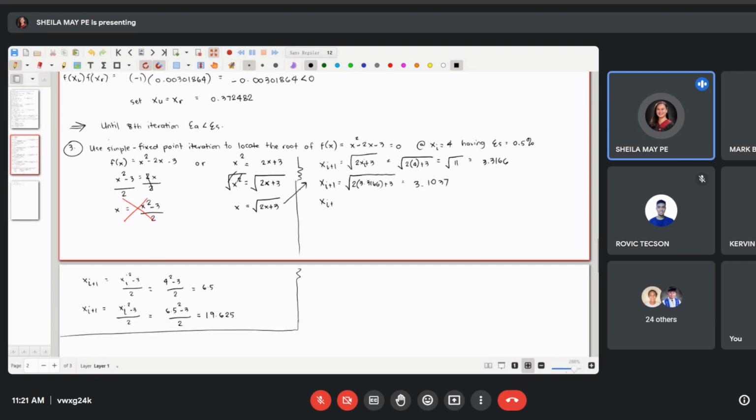Next, we have our x sub i plus 1. So that's 3.0344.